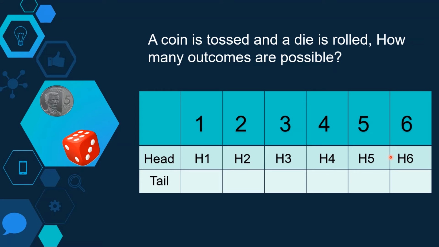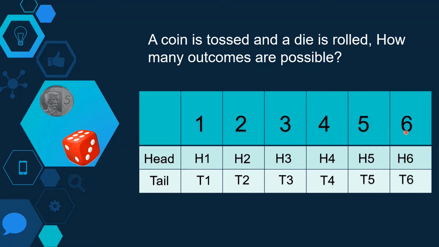Now, dito naman tayo sa tail. Tail and, tapat natin sa number 1. Then we have tail and number 2, tail and number 3, tail and number 4, tail and number 5, and tail and number 6.